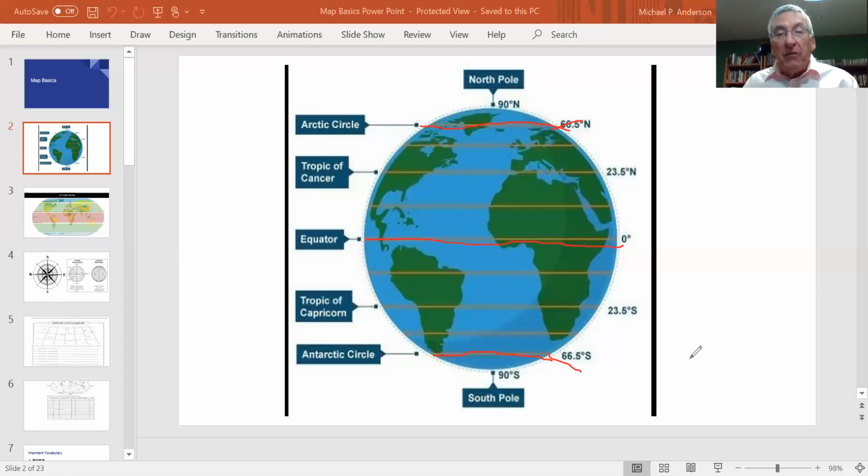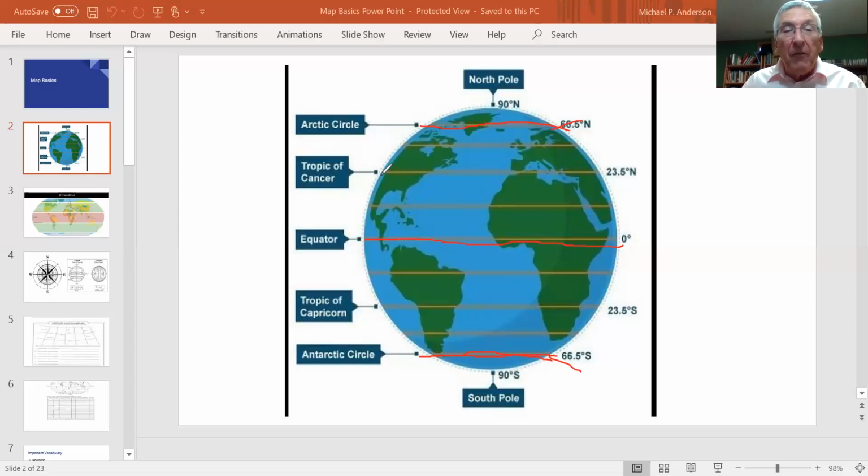That's the significance of the Arctic Circle. The Antarctic Circle down here is basically the same thing, except different seasons. June 21st, you'll have no sunshine down here at the bottom of the world. December 21st, you will have constant daylight. It's a weird thing.